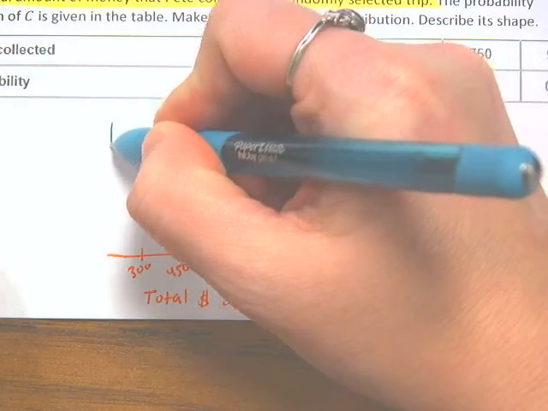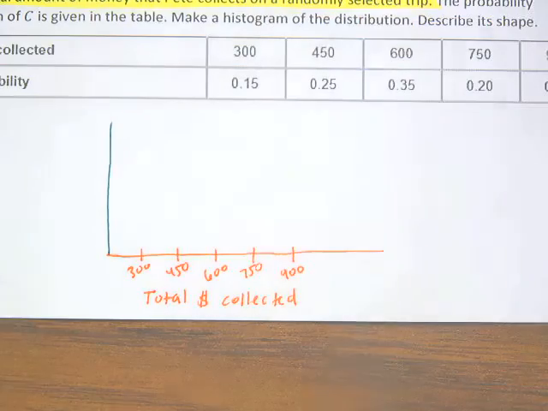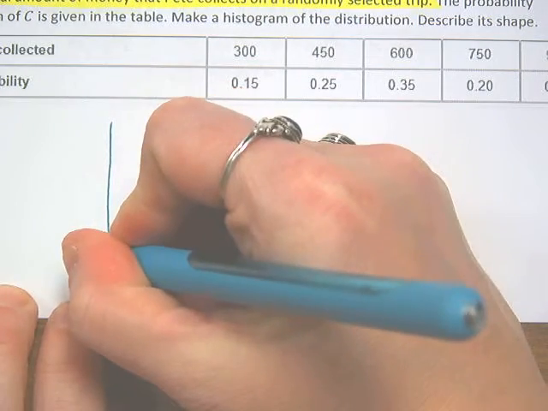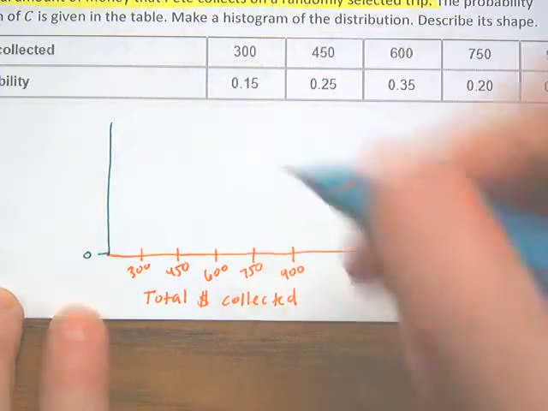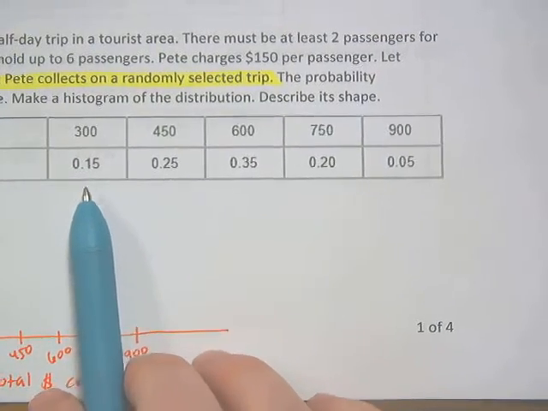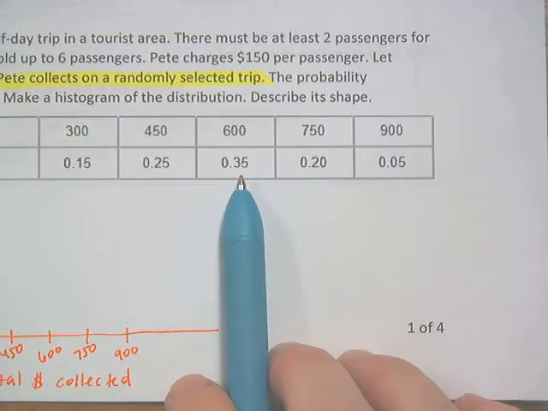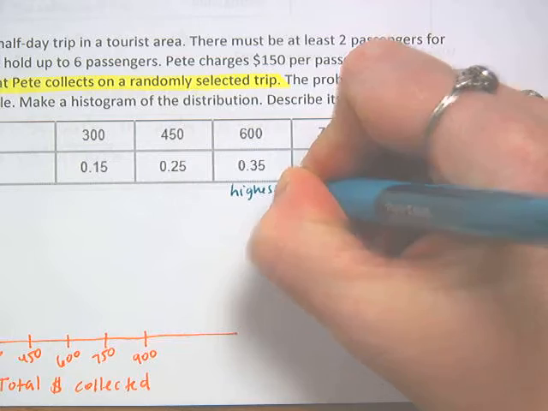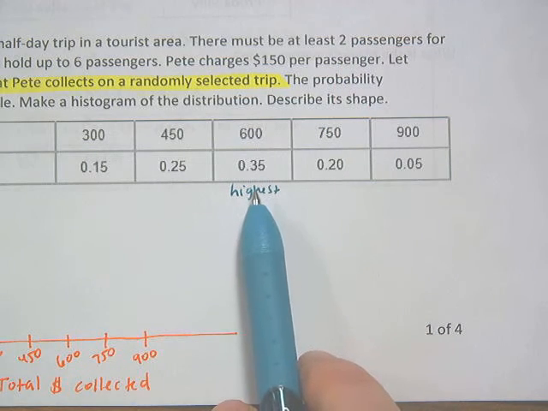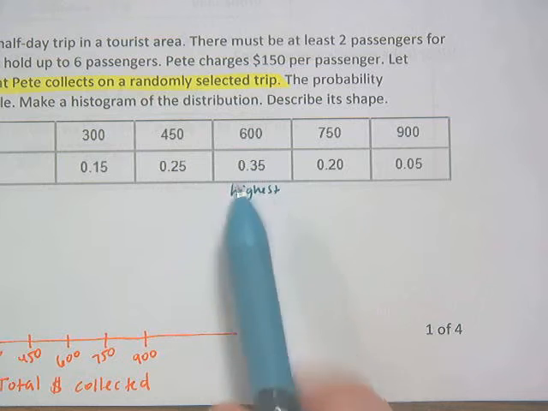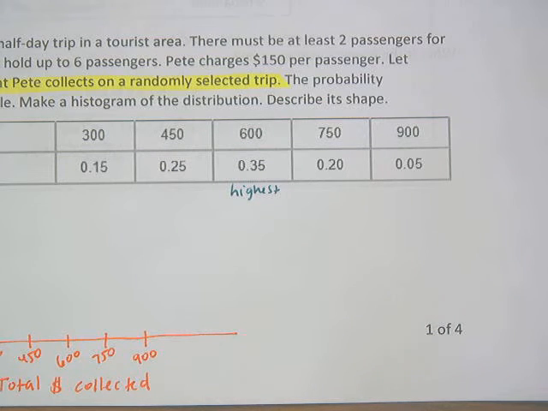Now draw a vertical axis. We're going to start at 0. And it looks like I need to go all the way up to 0.35. That's the highest probability. The largest probability is that 4 passengers go, because it's a probability of 0.35.